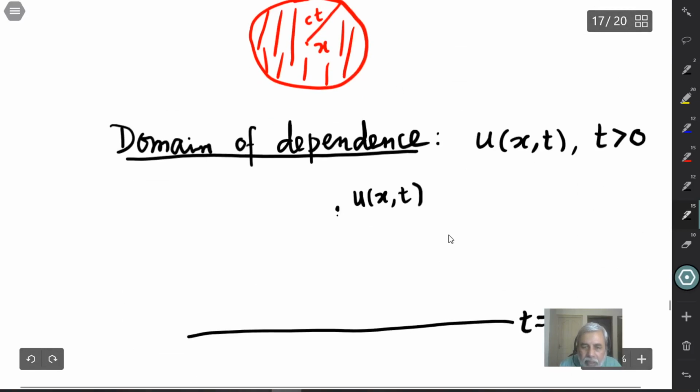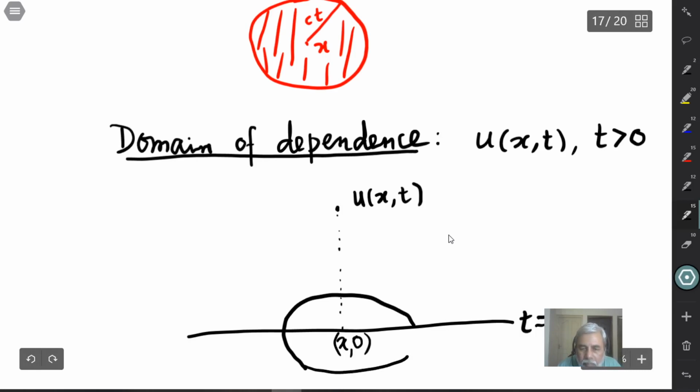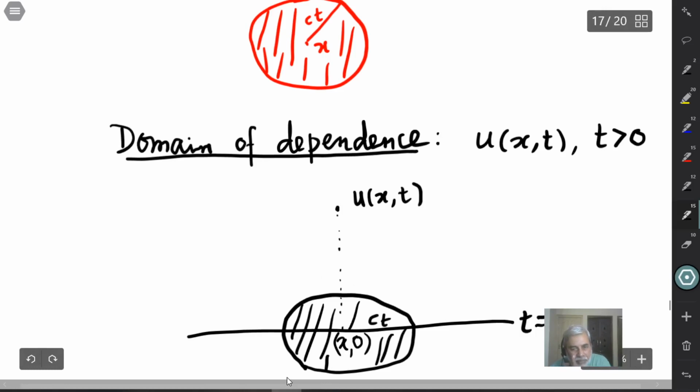So this is x here, at t equal to 0, and this radius is ct, and this entire disk now. Earlier in the three-dimensional case it was only the sphere, the circumference.